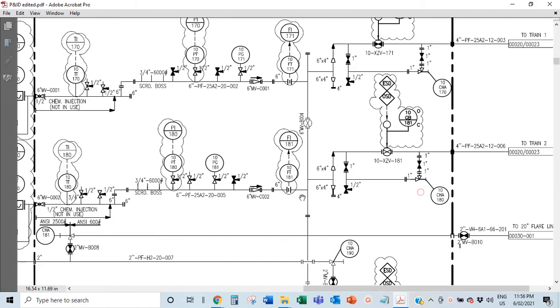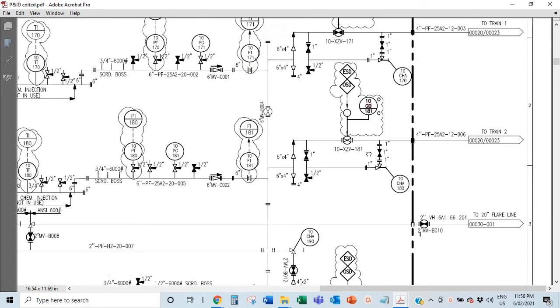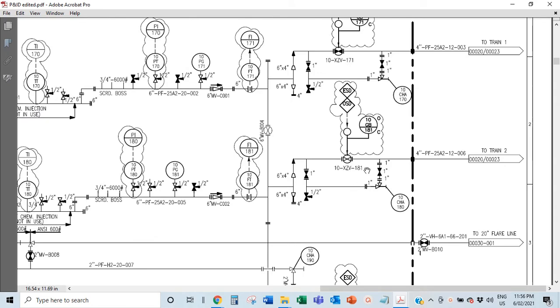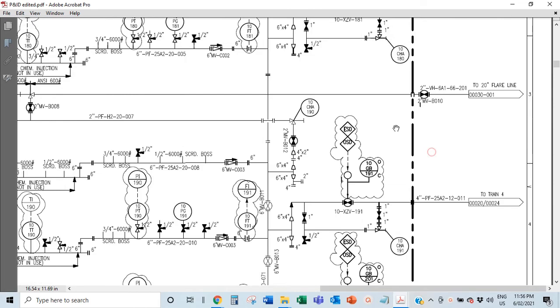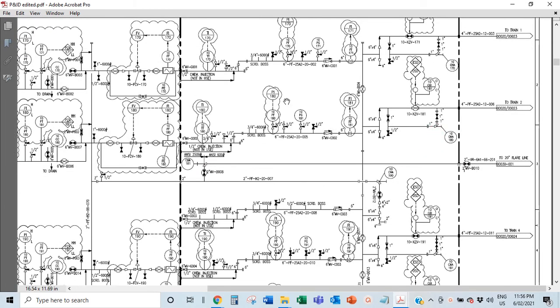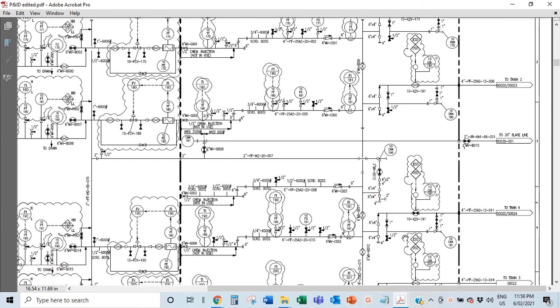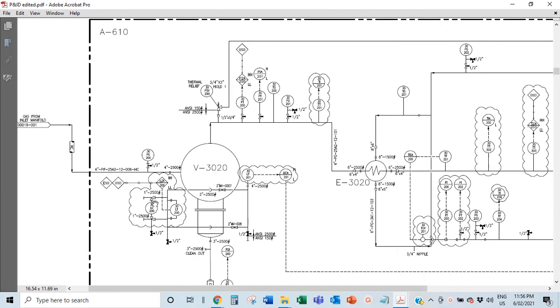It's all the same, but the instrumentation, the nomenclature would be different. This 171, 181, 191, 201, like that, because you want to uniquely tag everything. So everything, all these lines, they're all the same. They all flow all the way into this.